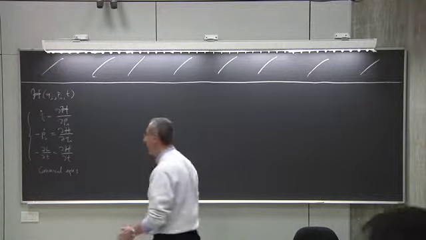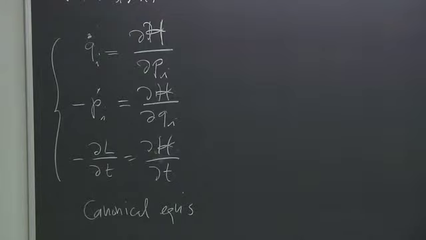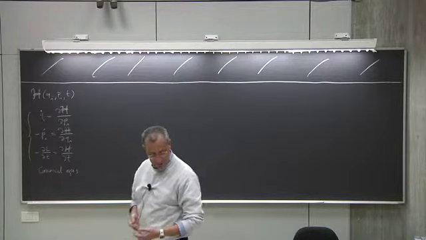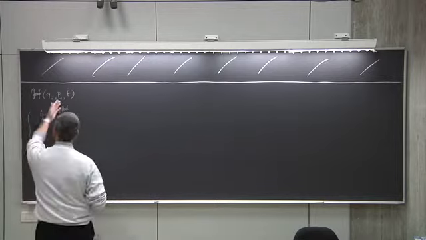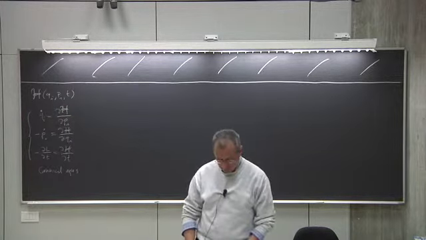For instance, in quantum mechanics, you start from the Hamiltonian, and it's the same Hamiltonian. The only difference is that your Q's and your P's are operators, so they are a little more complicated. They are matrices.